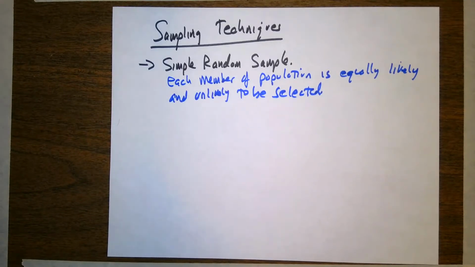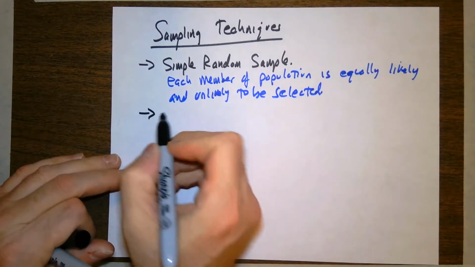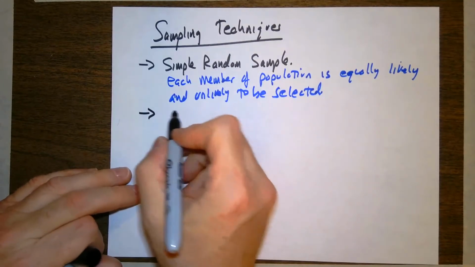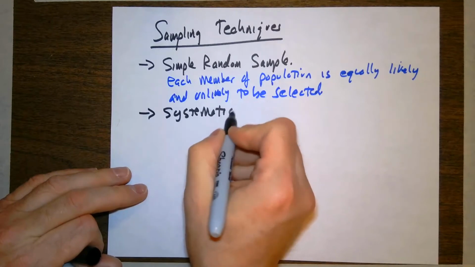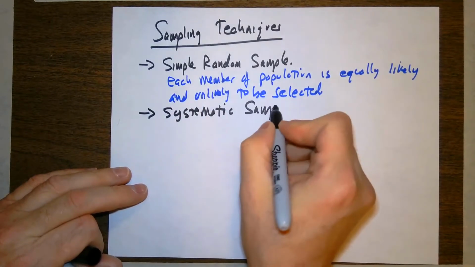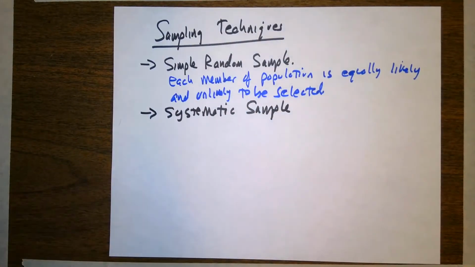The next one is systematic sampling. In a systematic sample, we're going to create a list of all of the members, all of the items in the population, and then we're going to select a sample according to some sort of random starting point and some sort of fixed interval.